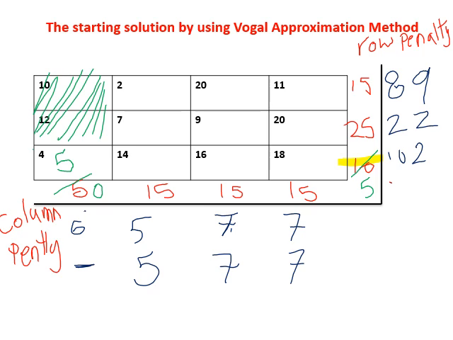Again, we will choose the greatest value to be the entering value, or the value that we will start with. So what is the greatest value for the row penalty and the column penalty here? The greatest value is 9. So we will take 9 to decide the row or column that we will start with.